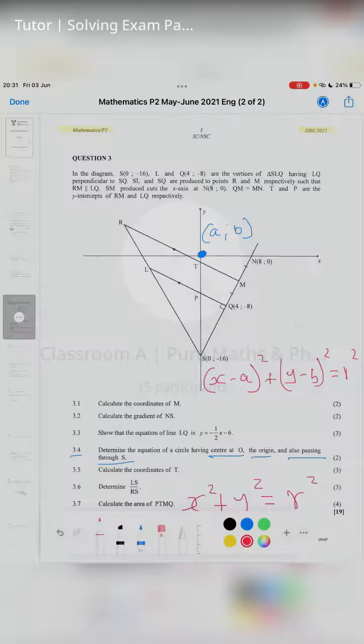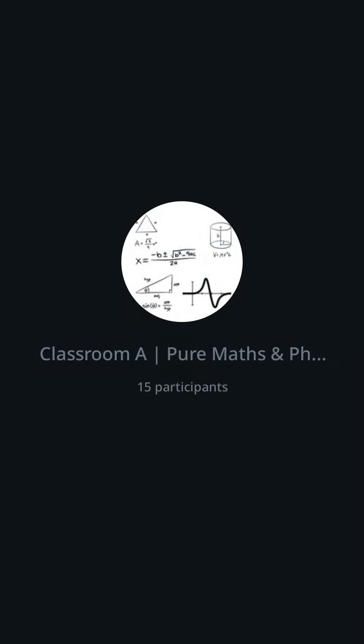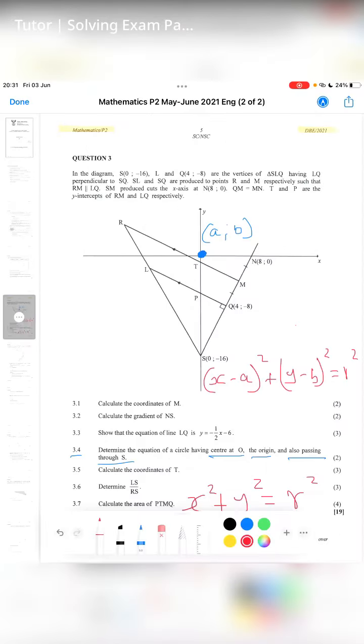Can you see, we now have the center with these coordinates. They've spoken about the center being at the origin, and now they're saying it also passes through S. So this is a circle, but it has to pass through S.